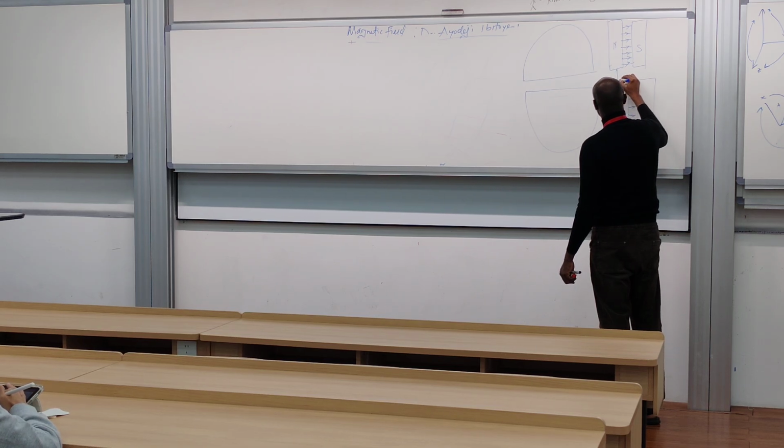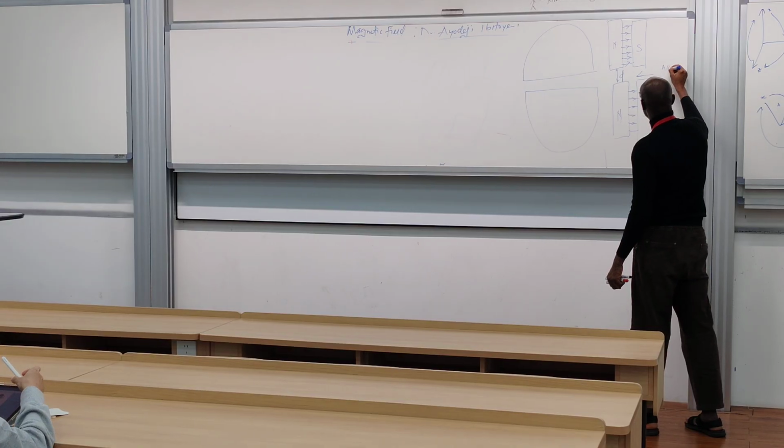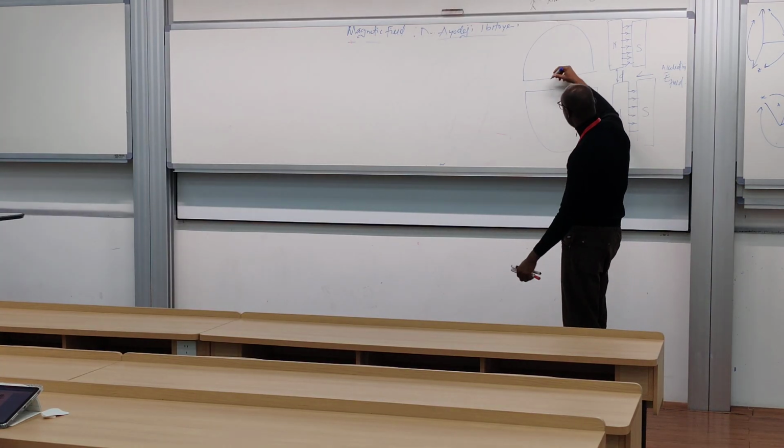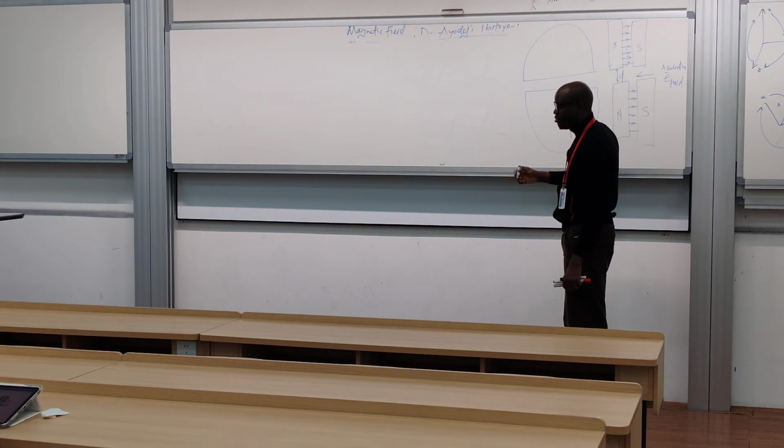And there's a space here, D, where there is an accelerating electric field. And then you're supposed to have a particle here of same mass m with a velocity v.